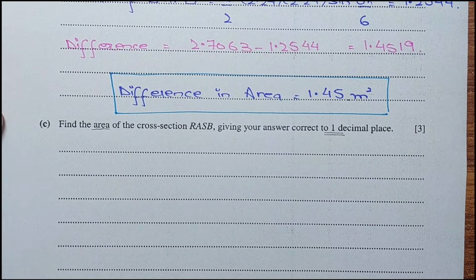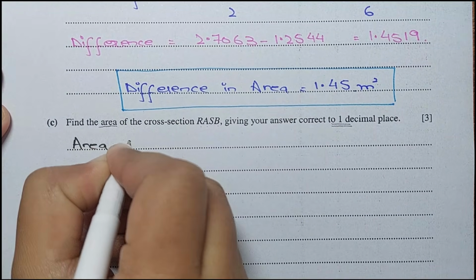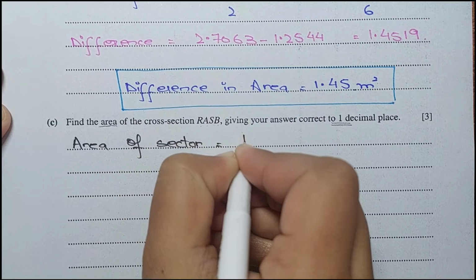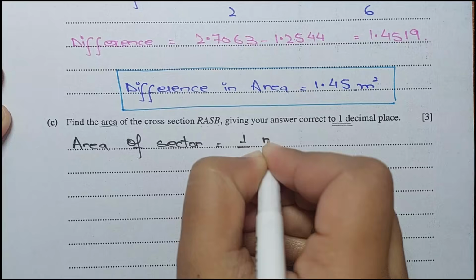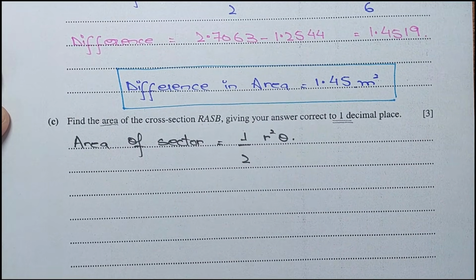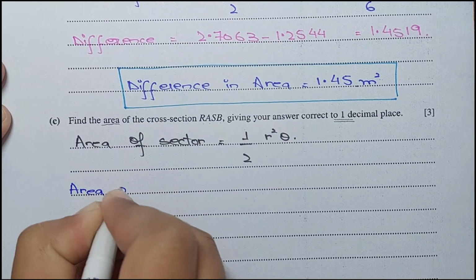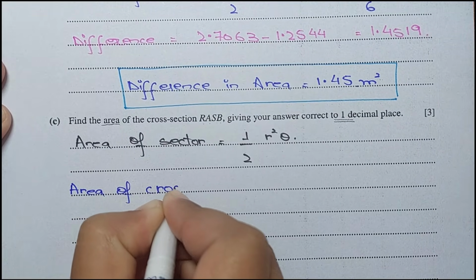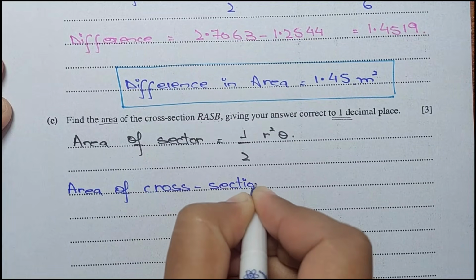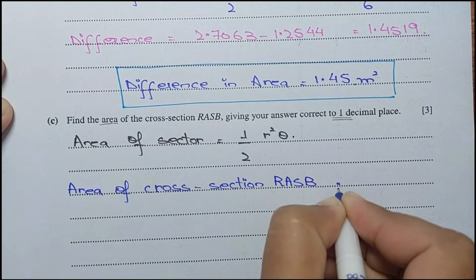Okay. For this, let me write down the area of a sector. Area of a sector of a circle is half radius square theta. We have the radius and we have the theta for everything. Let me write down the area of the cross section RASB.